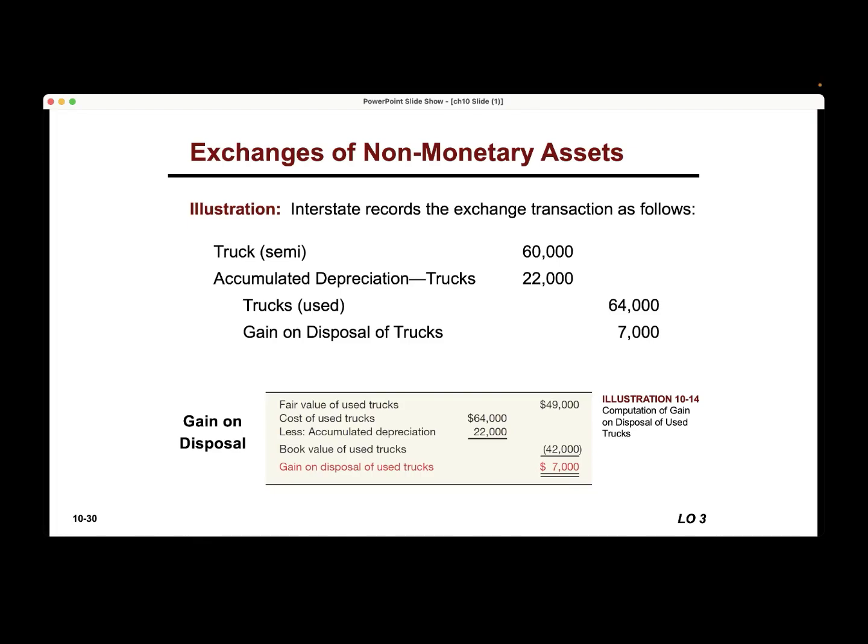Where does it come from? It is the fair value of the used truck minus the book value, 49,000 minus 42,000. And finally, of course, Interstate pays 11,000 in cash to complete the transaction. So in summary, we debit the new semi-truck, remove the old truck and accumulated depreciation, record the gain on disposal, and account for the cash payment.